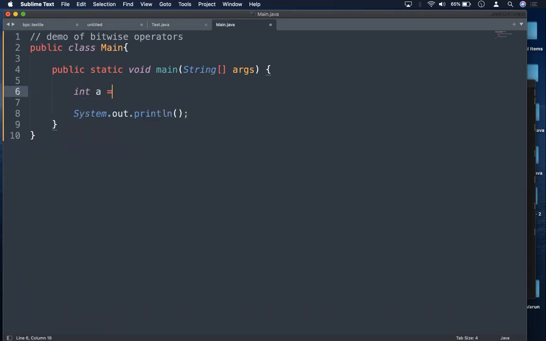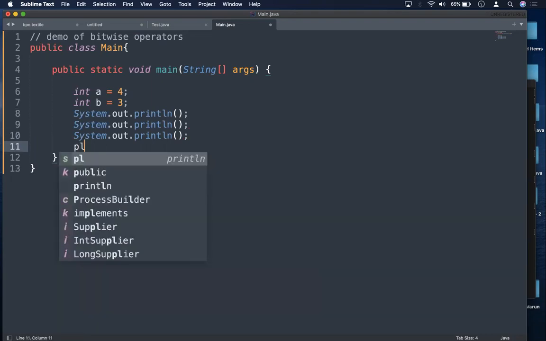So int A equal to 4 and int B equal to 3. Okay, that's it. And I just want to have a good number of println statements here. So at least 4 I want to write now. Later I will add 3 more.